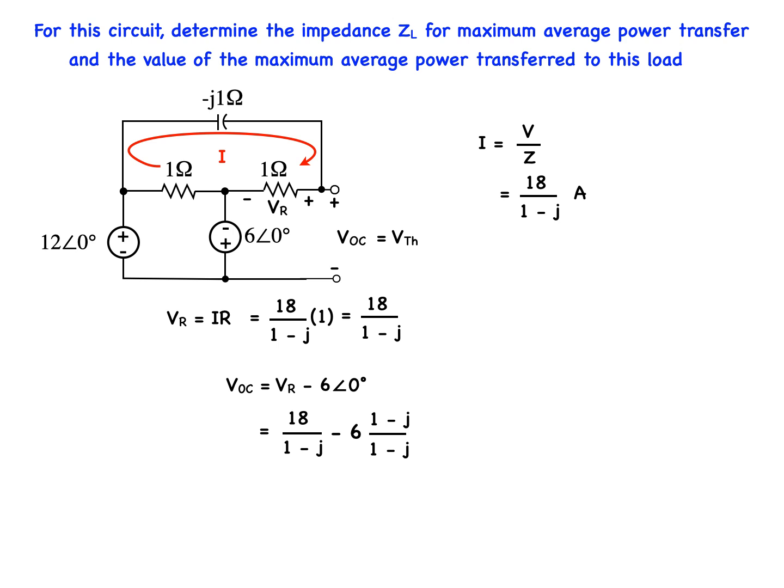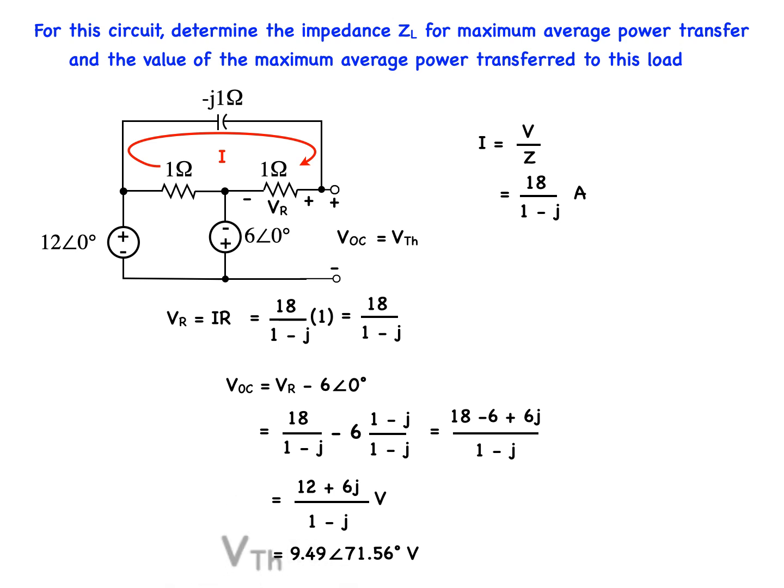Rewriting the fractions, I get 18 minus 6 plus 6j all over the quantity 1 minus j, which reduces to 12 plus j6 all over 1 minus j, or in polar notation, it equals 9.49 at 71.56 degree volts. This is also our Thevenin voltage.